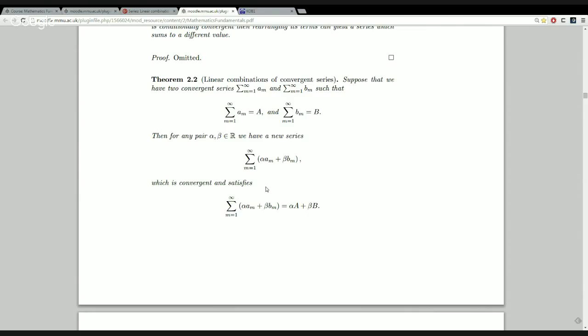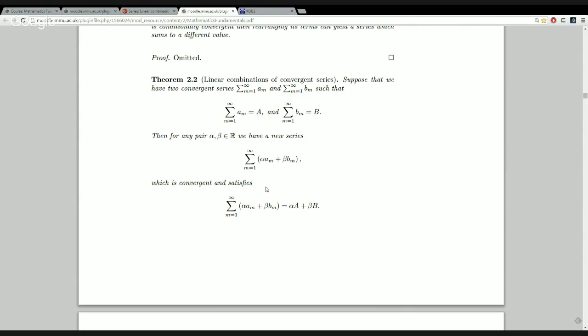No. So I'm living on the edge here. This has to be alpha times capital A plus beta times capital B. That's what the theorem says the answer is. I have to prove that this is equal to this. Now, what things am I going to use along the way? I'm going to use two main things. I might use a little bit of algebra manipulation, but apart from that, what facts am I going to use? Well, I'm going to use the definition of convergence for a series.